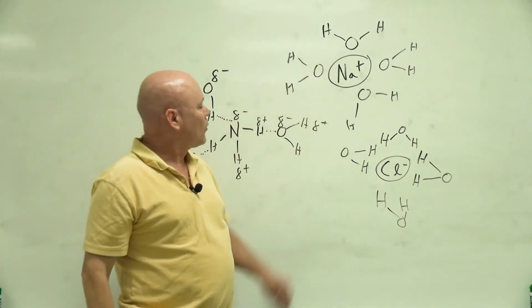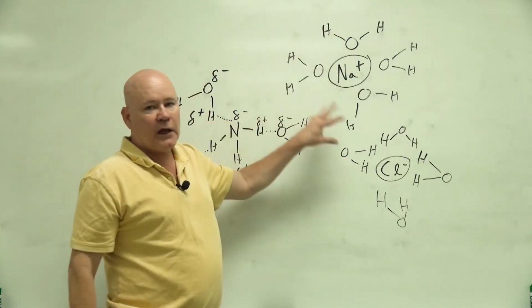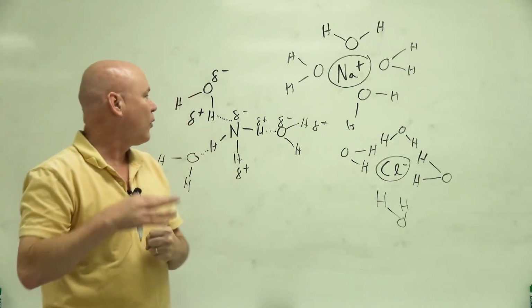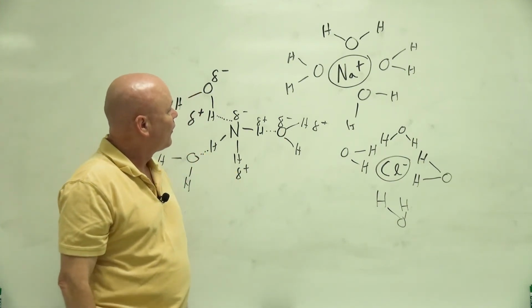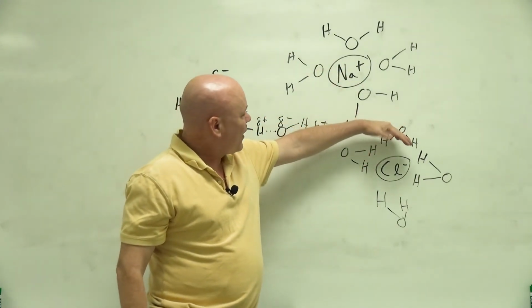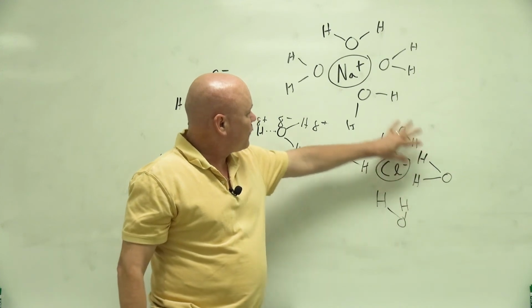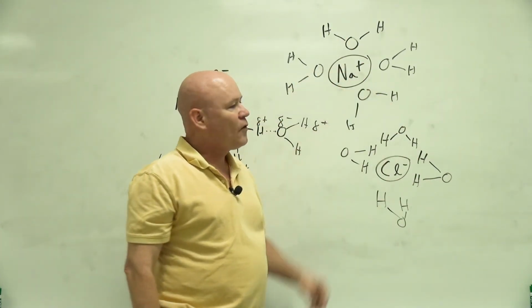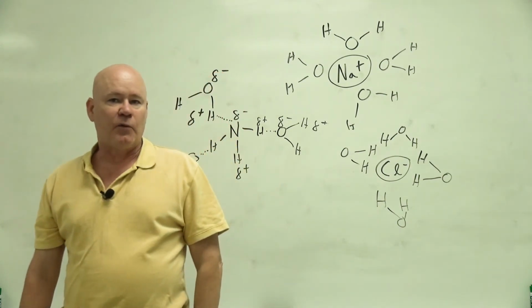And the same thing over here with the sodium, it's making a three-dimensional cage surrounding the sodium plus and the chlorine minus. And so the net effect of all of this is that you have enough charges on these hydrogens, enough charges on these oxygens, that the chlorine and the sodium really can't see each other anymore.